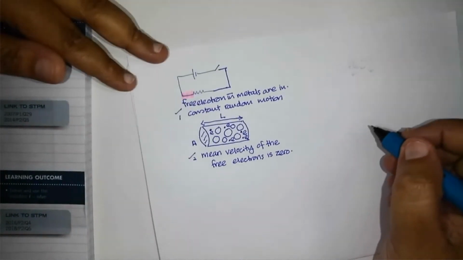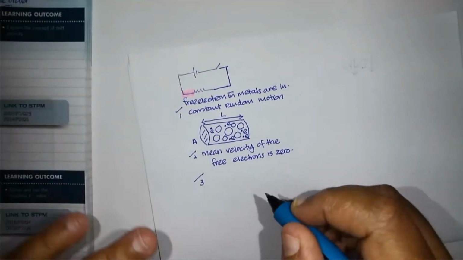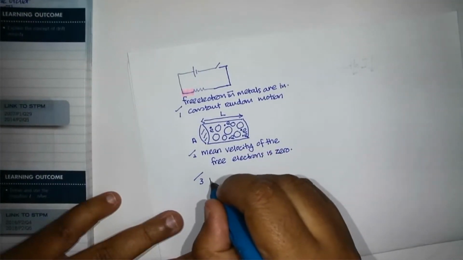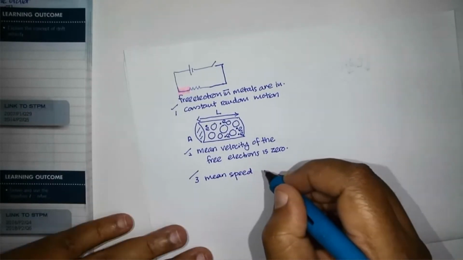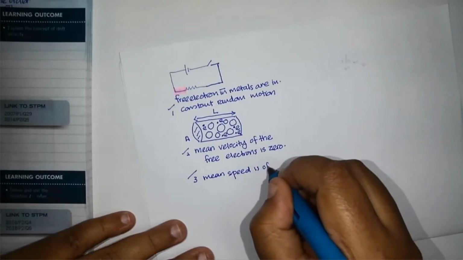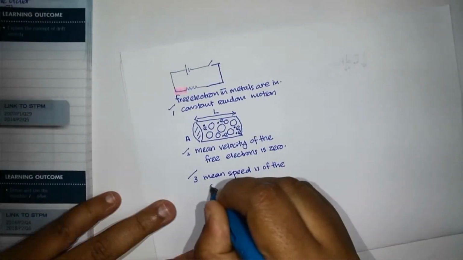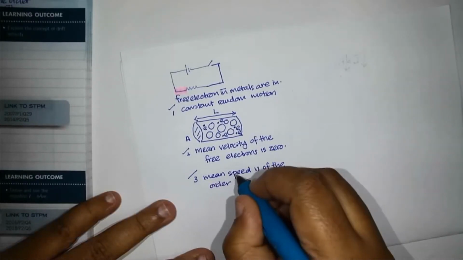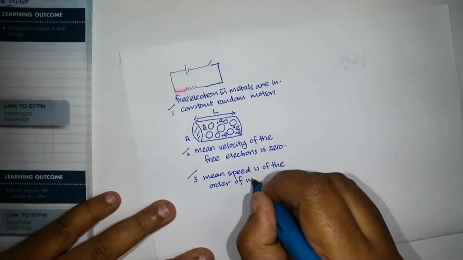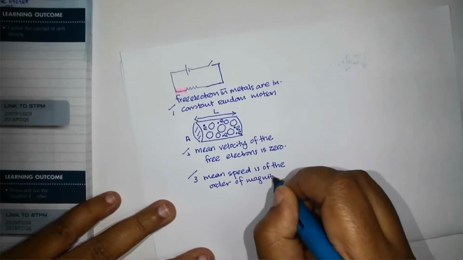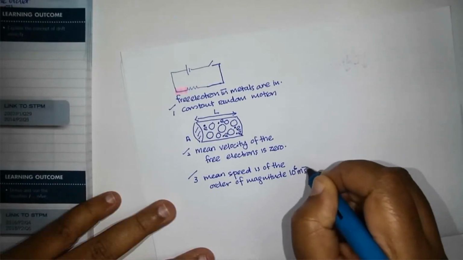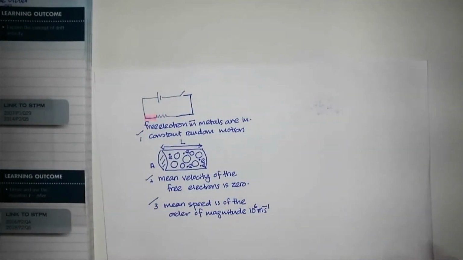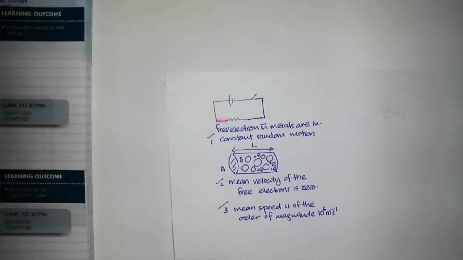And number three, the concept says that the mean speed is of the order of magnitude 10 to the power of 6 m s^-1.